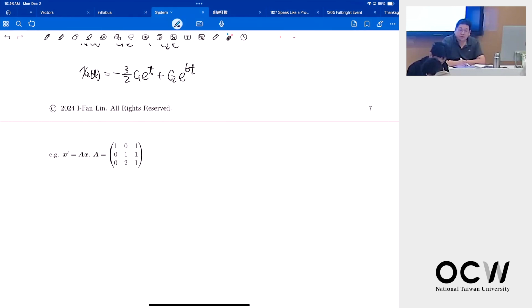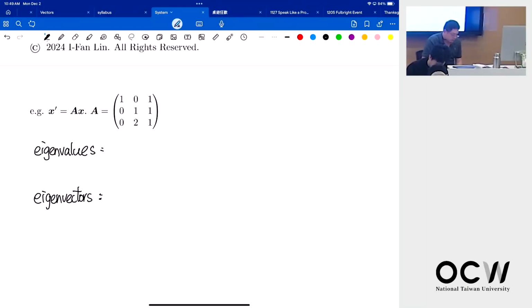You can check if this matrix is an orthogonal matrix or orthonormal matrix or whatever, but you need to find the eigenvalues and the eigenvectors. If you don't know how to find them, you probably will fail the exam, because almost every question asks you to find the eigenvalues and eigenvectors. That is the basic requirement, and then you use them to do something else.